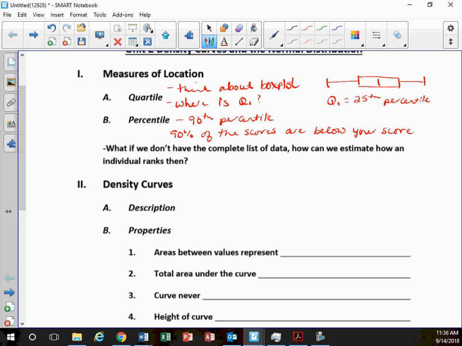Okay. If we don't have everybody's data, we can estimate it based on the mean and standard deviation if our data is normally distributed. Okay, so we touched on density curves just a little bit in the last unit. Just remember these are for a random variable.